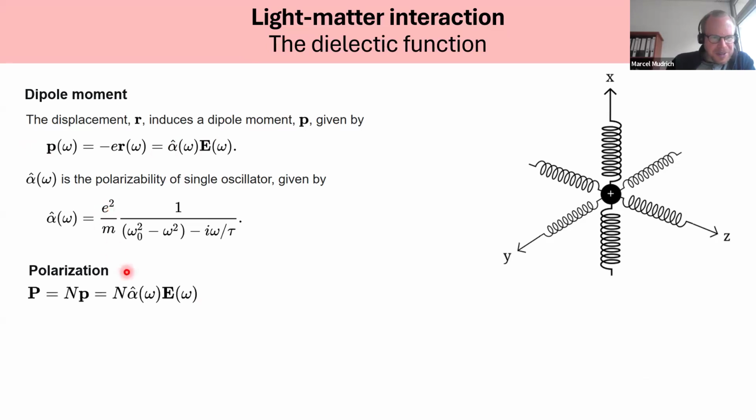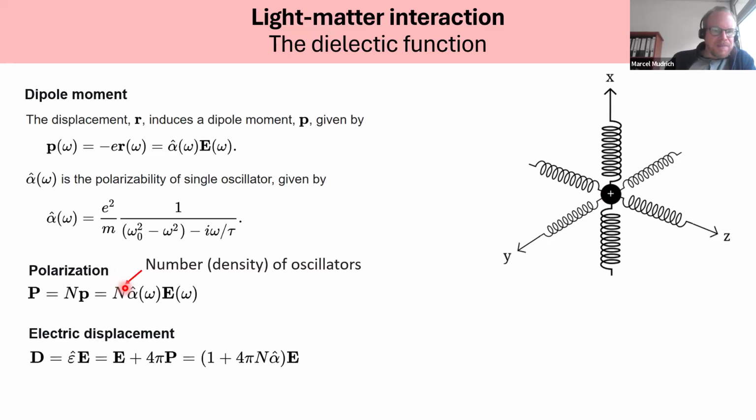And now again, we should remember from classical electromagnetism that the polarizability of a single particle, like this electron that mimics the electron in an atom, is connected to the macroscopic polarization of the medium by taking this term times n, where n is the number density of how many oscillators we have in total.